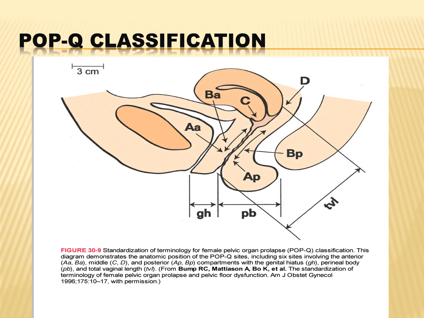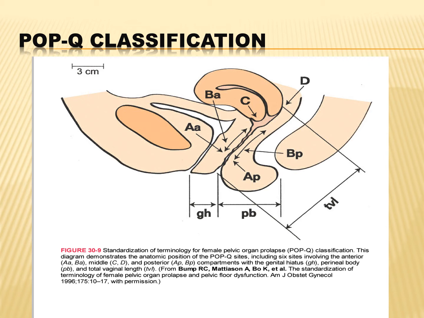So let us discuss all these things one by one. So what is this image? This is a POPQ classification image. Here we can see 3 points on the anterior vaginal wall, 3 points on the posterior vaginal wall, and 3 measurements of different structures.